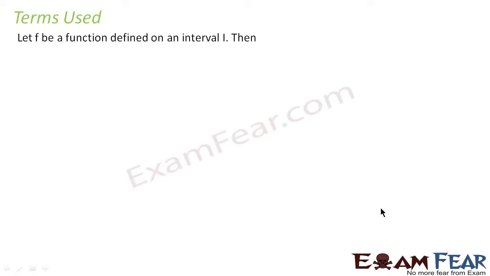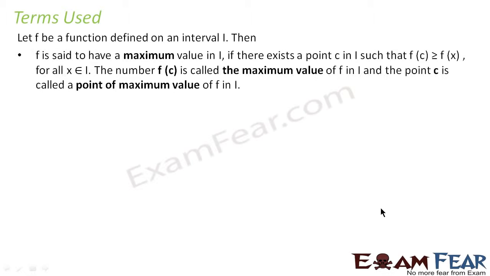If f is a function on interval L, then f is said to have a maximum value if there exists a point C in L, C is a member of L, where f(c) is greater than or equal to f(x) for all x. Then f(c) is called the maximum value and C is called the point of maximum value.